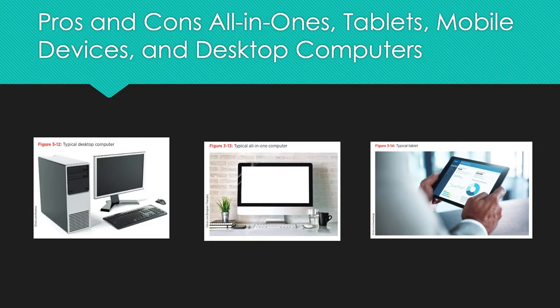Next we have the all-in-one computer, which is basically the motherboard and the PC's screen together. Pros: it's very sleek. Cons: if it breaks down, the whole thing has to be changed. Tablet is portable, you can bring it anywhere. Cons: if the screen is broken, you need to repair it, for example. It's quite vulnerable.